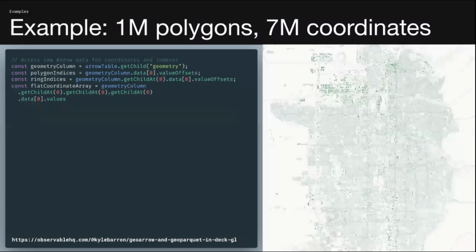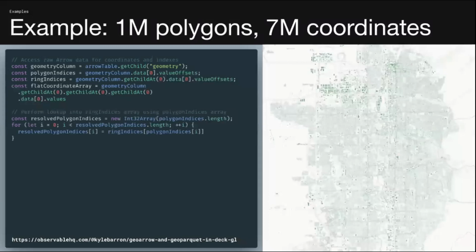Then if you remember, there are those 3 buffers that GeoArrow uses for the polygon representation. So the polygon indices, which are the indexes within each ring that each polygon starts at. You have the ring indices, which are the indexes into the coordinate array that each ring starts at. And then you have that coordinate array, which is the flat array of all the coordinates for the entire column.